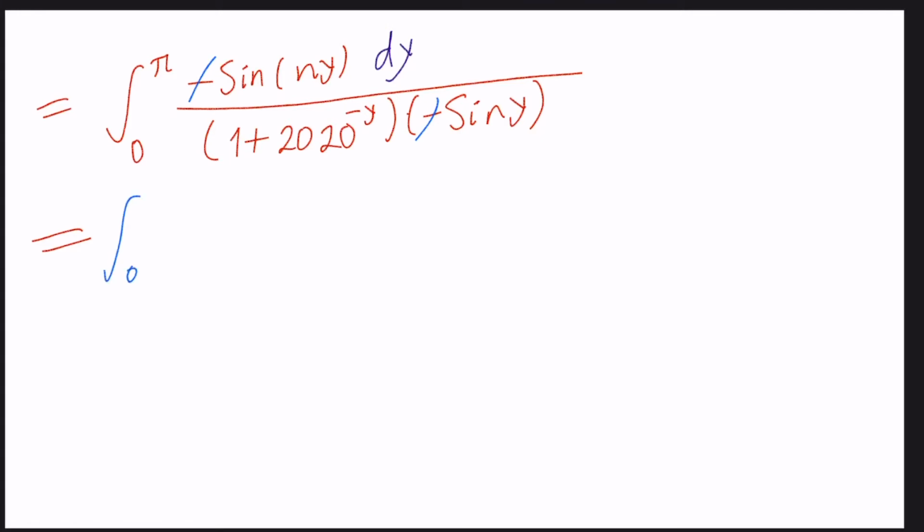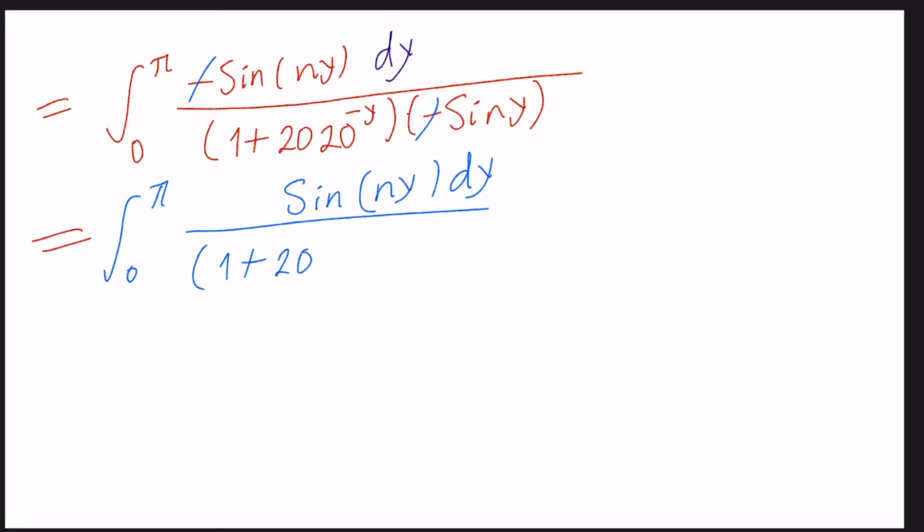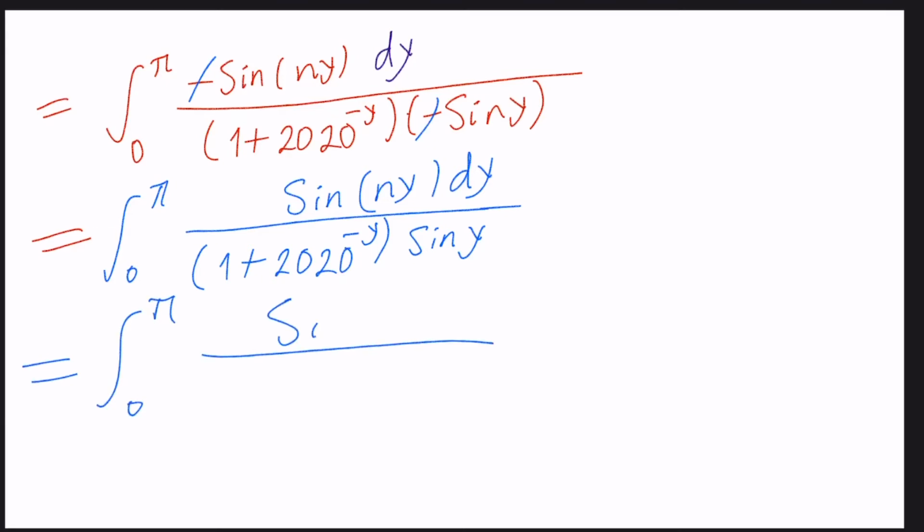So the integral from 0 to pi of sine of ny divided by 1 plus 2020 to the minus y multiplied by sine of y. Now let's do some algebra in the denominator.